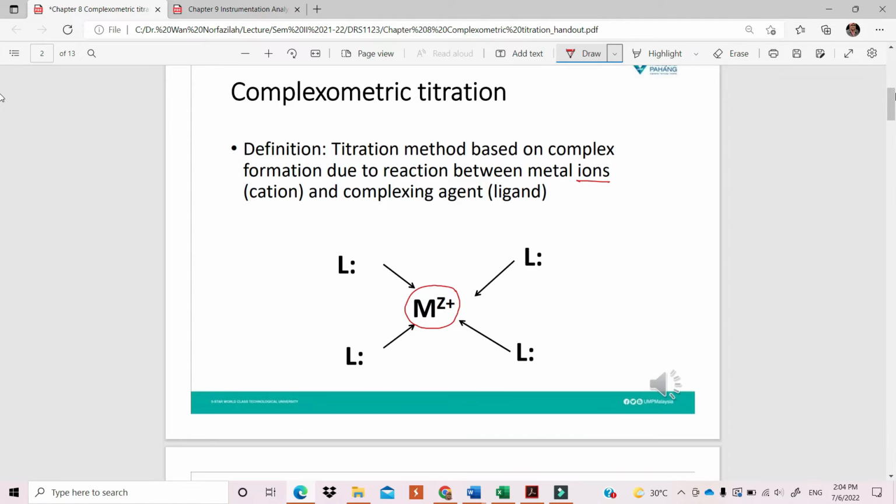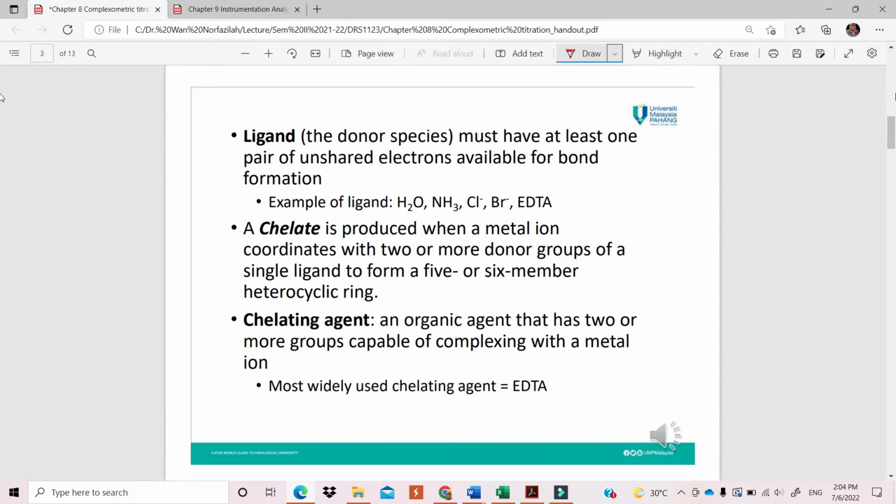So let's see what it means by ligand. Ligand is the donor species. Donor species means that it has to have at least one pair of unshared electrons available for bond formation. Remember last time, I said that to form a bond, there must be two electrons, also called one pair of electrons.